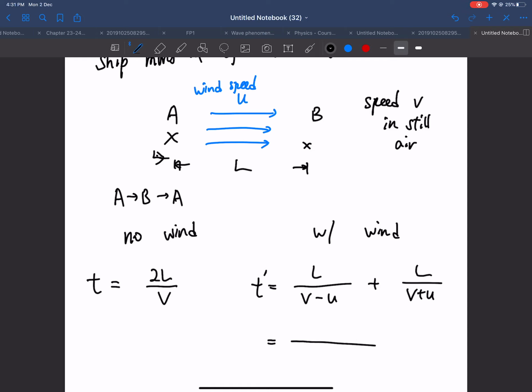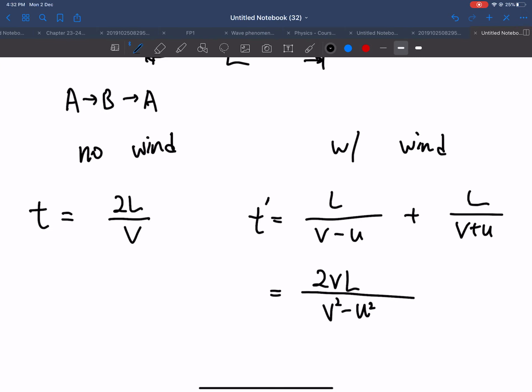What can you do next? Simplify the formula. L is the distance between A and B. I hope you can do the right hand side mentally, okay? You don't need to write it down.